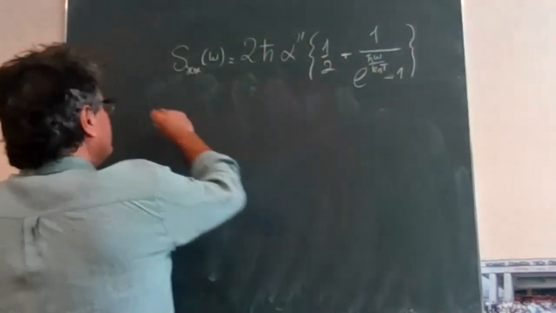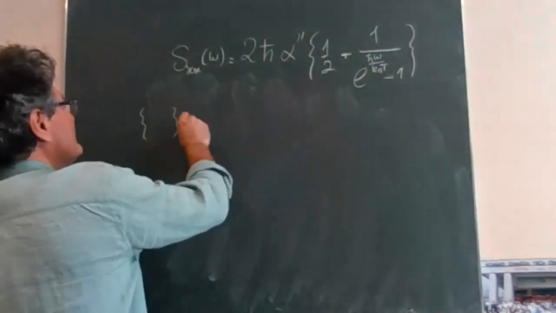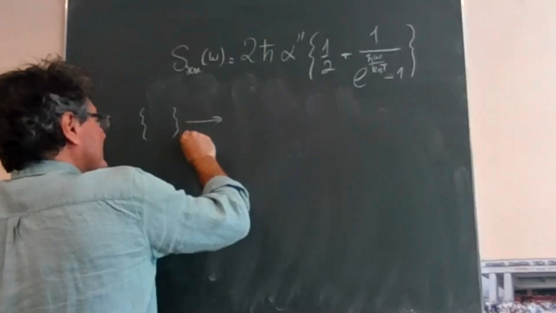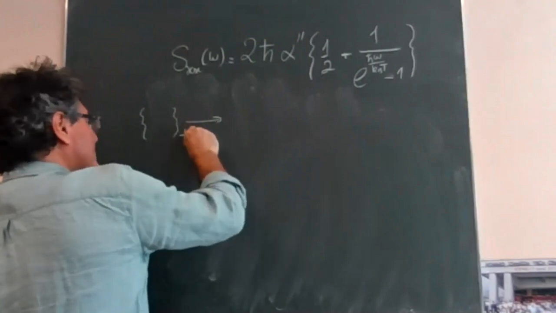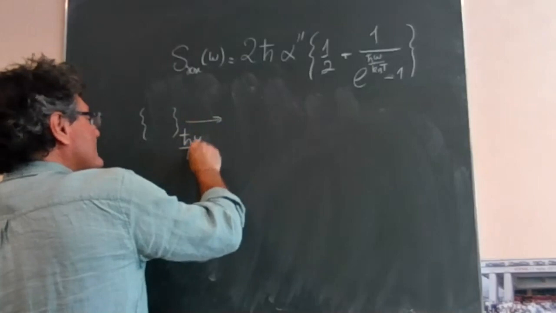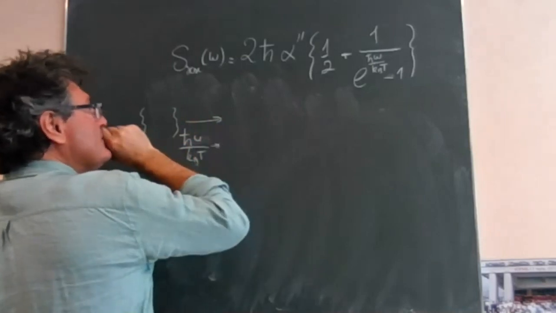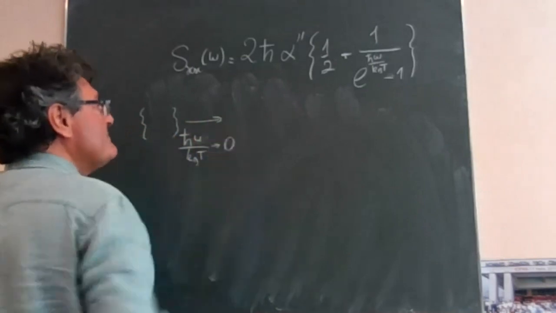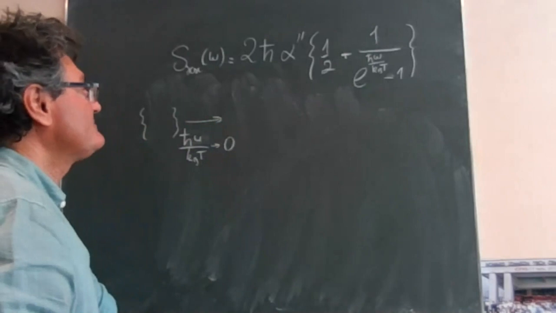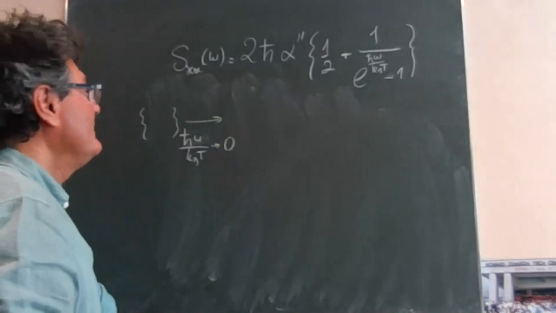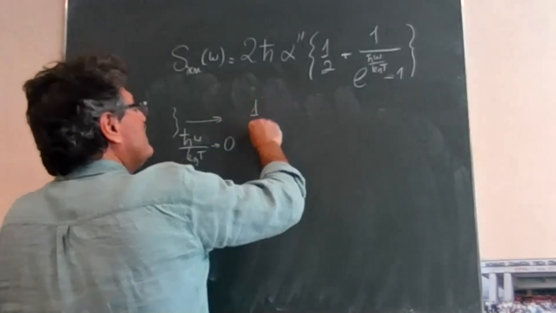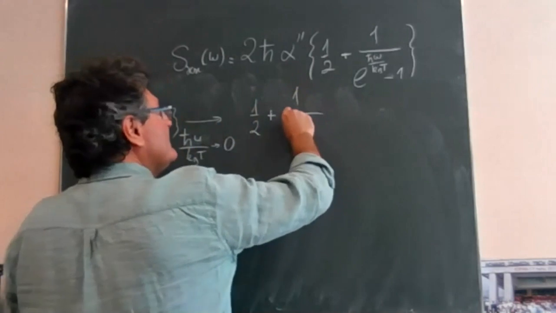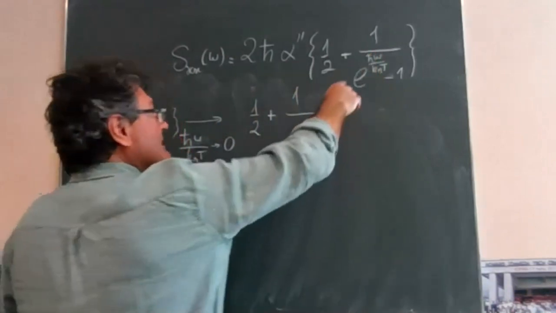So then, if we consider this in the limit of h bar omega over kBT going to 0: this is 1 over 2 plus 1 over, well, we can expand the exponential.